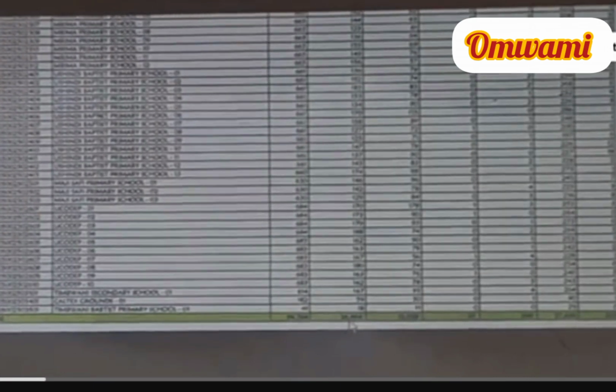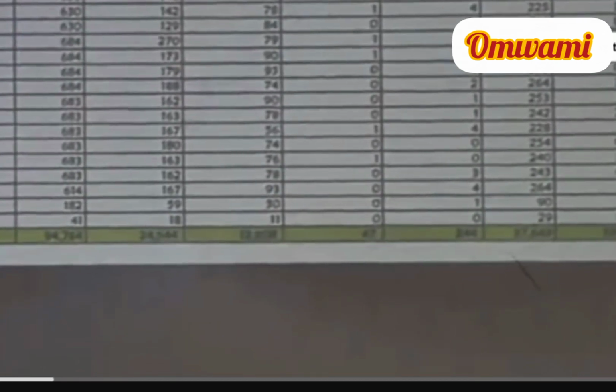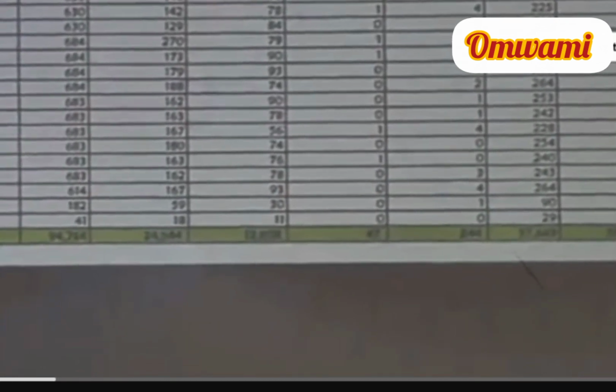But if you go to the other one, now you get that the Right Honorable Prime Minister is getting 24,444. Now, if you compare with the other one, there's already 100 votes not accounted for, because here it is 24,544, but here it is 24,444.